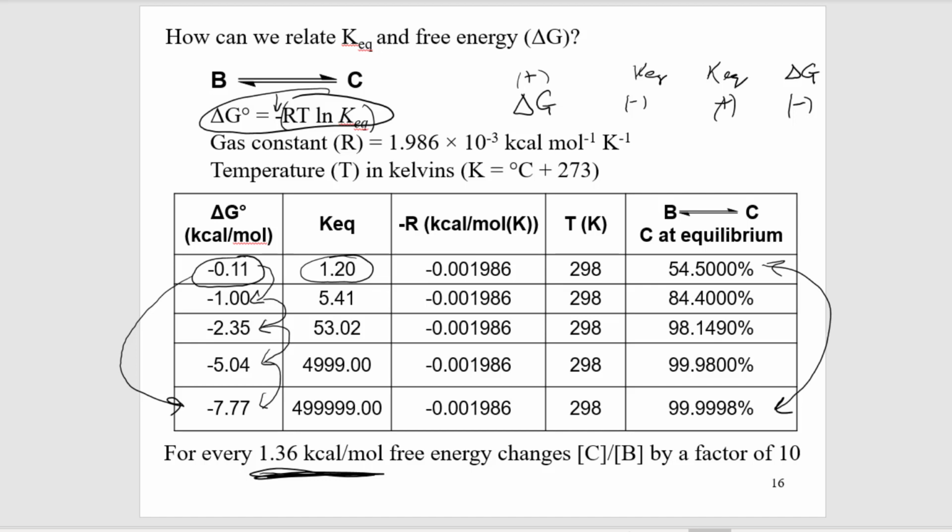That's huge, okay? So I want you to recognize that when products are favored, KEQ is greater than 1, the delta G will be negative, and changes in delta G make a really big difference in the percentage you end up seeing.